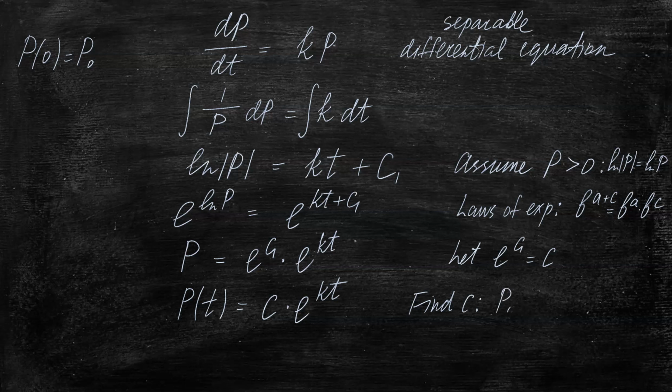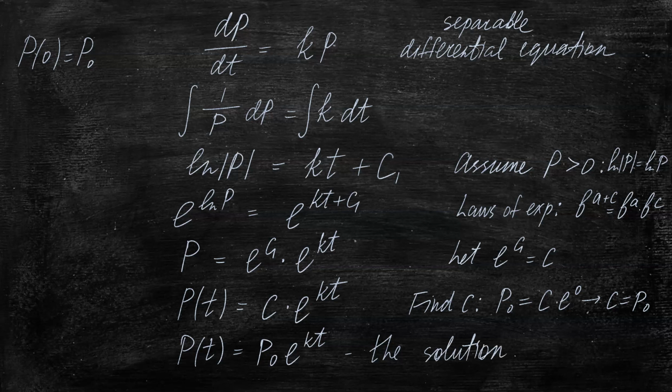So on the left we have p0, on the right we have c e to the 0. So that means c is exactly p0. And now we have the solution for the initial value problem.